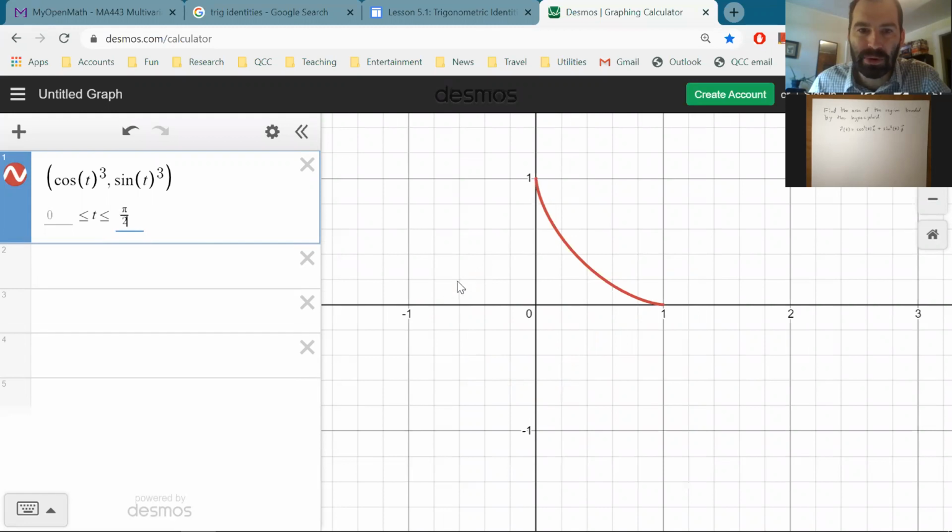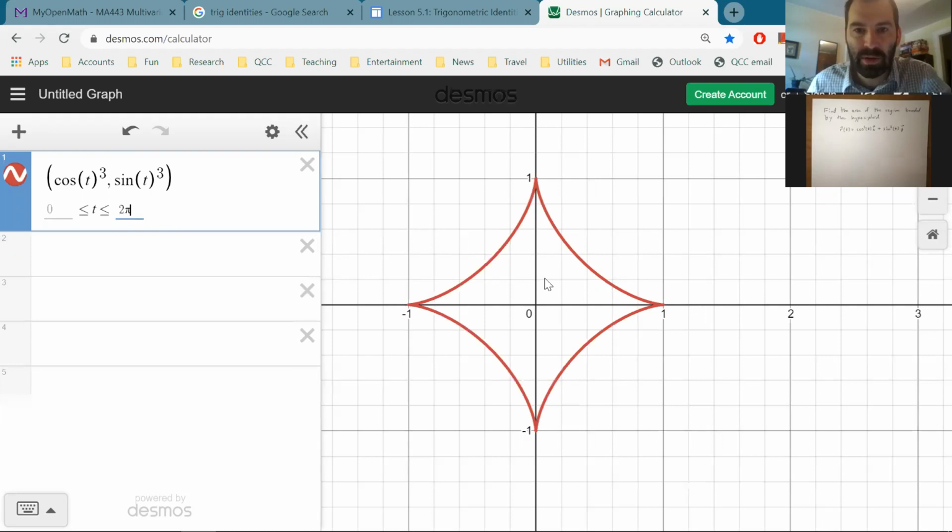When t approaches pi, it comes back down to here. When t is 3 pi over 2, we come around to this point. And by the time we get all the way to 2 pi, we've made our way all the way around this hypocycloid. So we want to find the area on the inside of this.